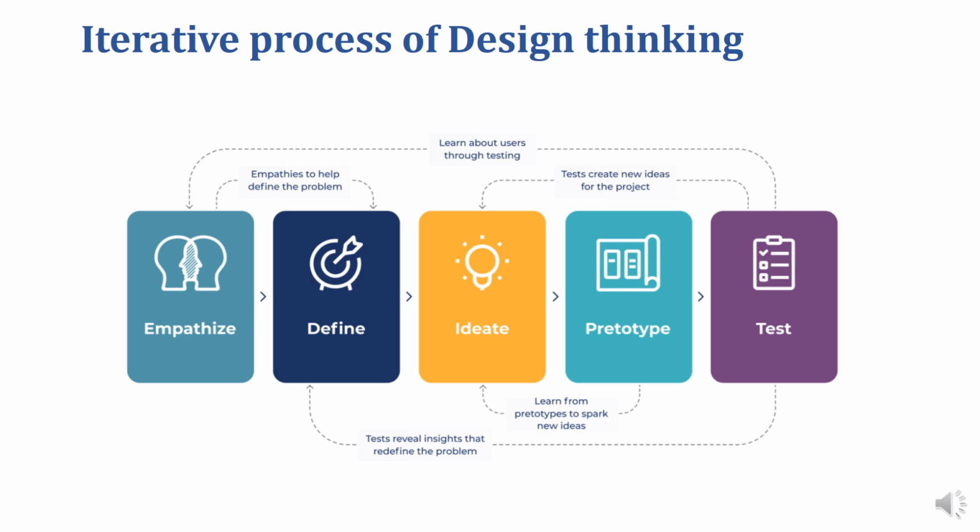Even after testing, you have feedback to the ideation stage, to the very first stage of empathizing, and to the second stage, defining the problem. So that through iterations we keep on developing a better and better product or service for the users.